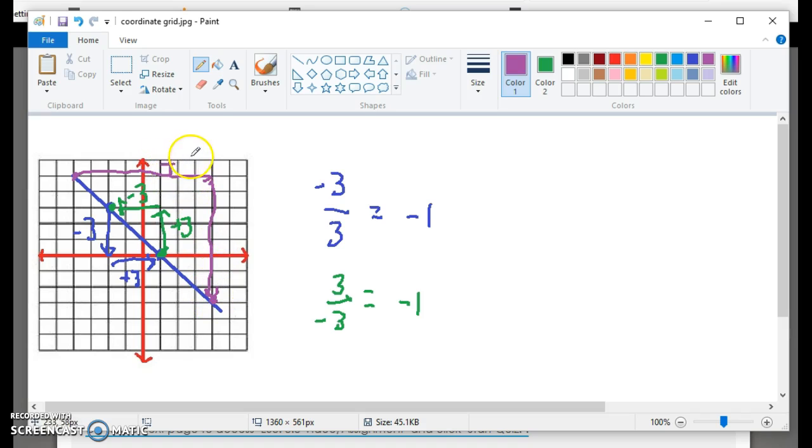So positive 8 for my horizontal change, negative 8 for my vertical change. Vertical change goes on top, horizontal change goes on the bottom. I still have negative 1. So with these lines, it doesn't matter which 2 points you pick, it doesn't matter which one you start with, the slope will always be the same for a given line.